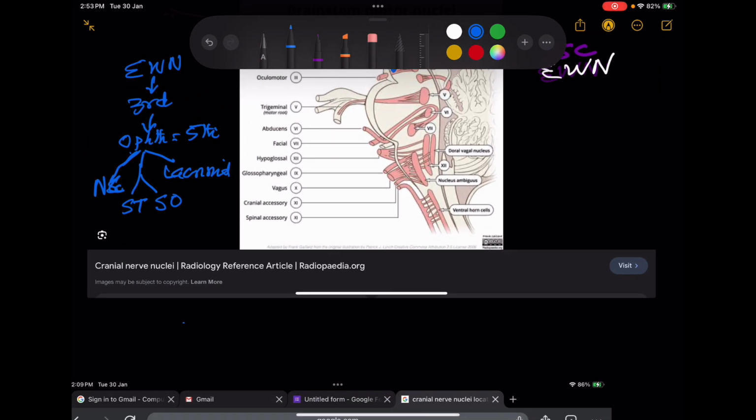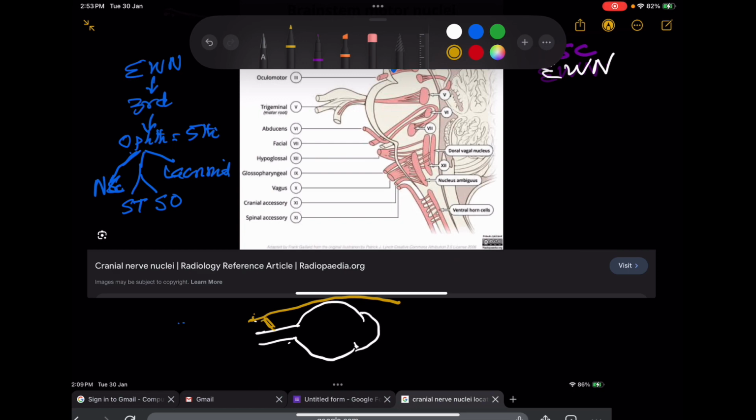Now if this is the optic nerve and this is the eyeball, the nasociliary nerve is coming like this on the medial side. It is giving fibers to the nose.